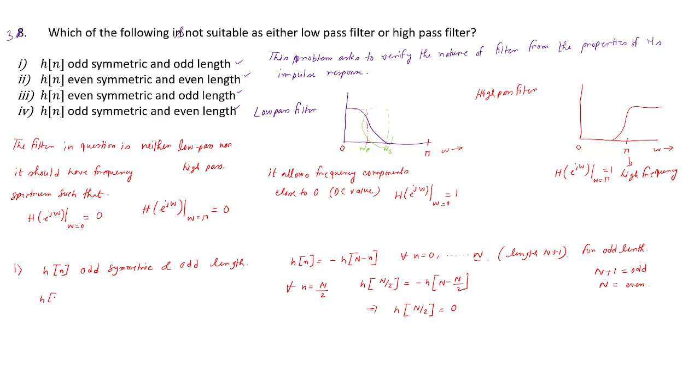Therefore h[n] we write as minus 1, 0, 1. Remember, the center component must be 0 because we have already established that. If I draw the impulse response here, it will look something like this.